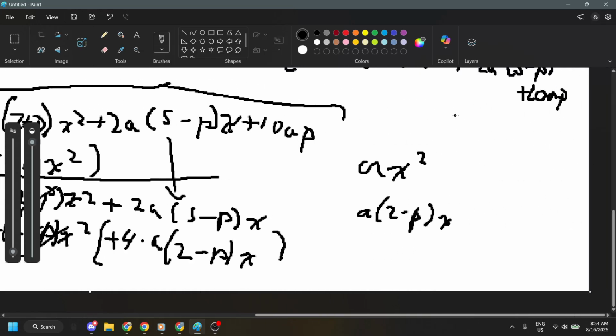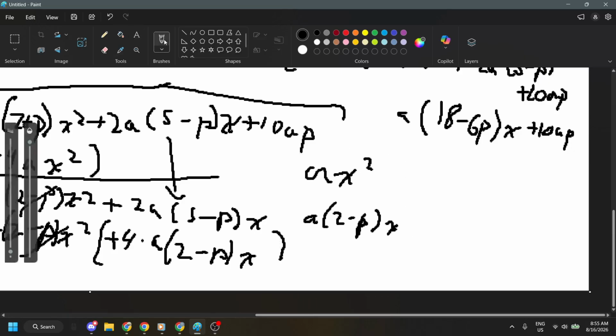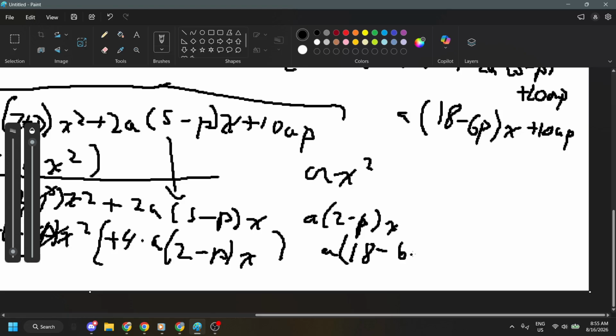So then we get a times 18 minus 6p times x plus 10ap. So what we want to do now is, oh my god, this is going to be so annoying to actually solve, but it's fine. So we need to multiply by a times 18 minus 6p.